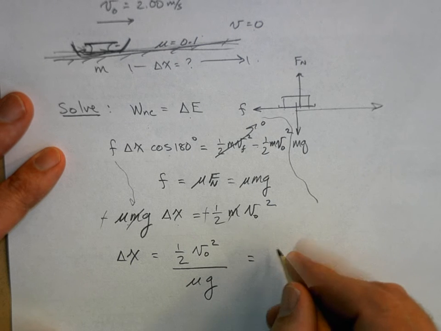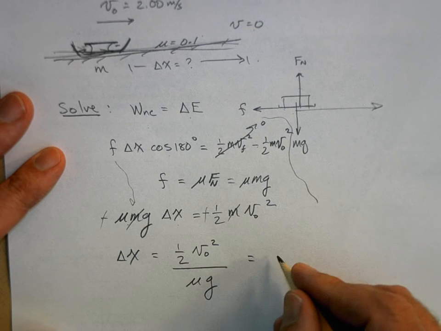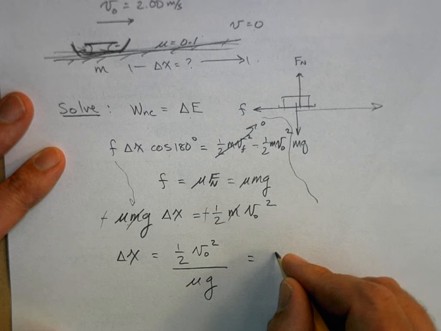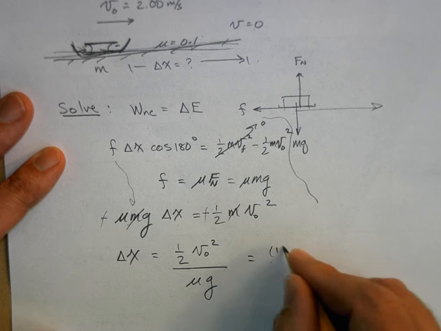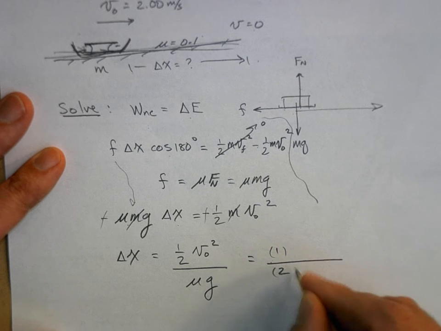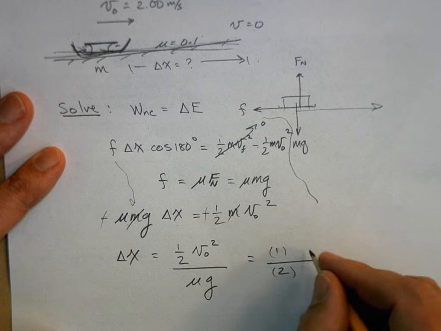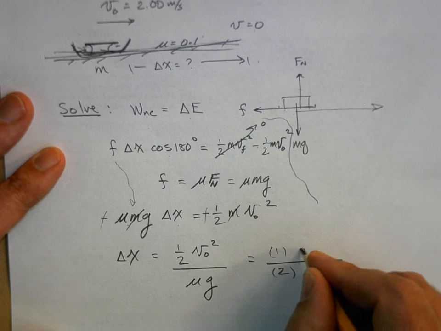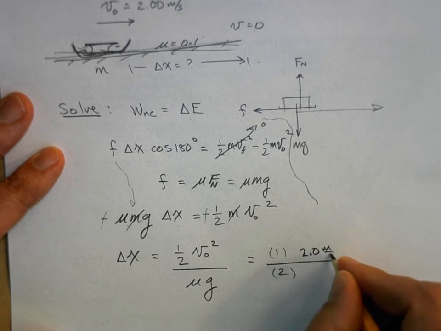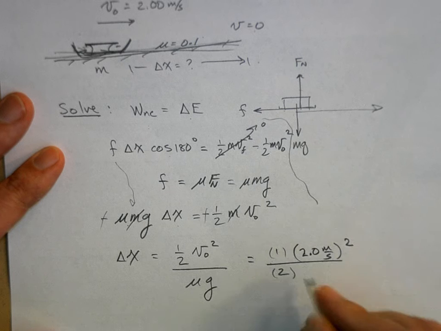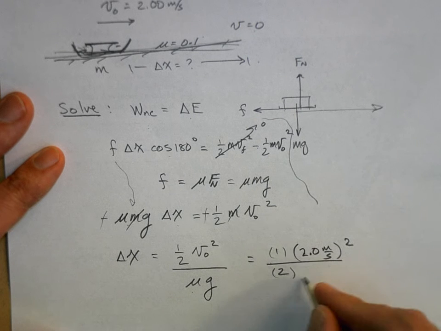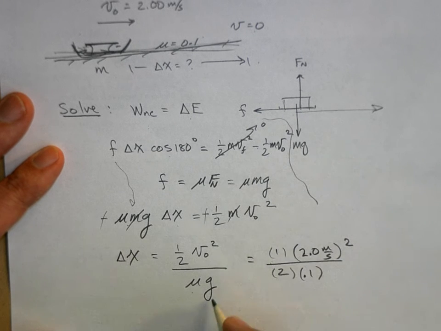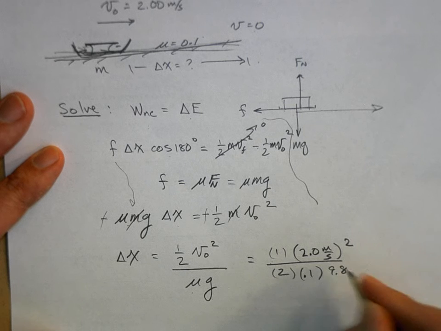And what is v naught? 2 meters per second. So it's going to be 1 over 2, v naught squared is 2.0 meters per second squared, and then what is mu? Mu is given to be 0.1. What is g? g is 9.8 meters per second squared.